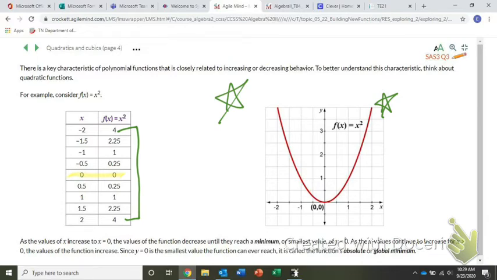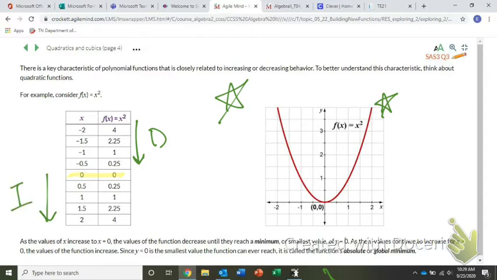Okay, so if you look, my y values start with 4. When they get to y equals 0, are they increasing right here or are they decreasing? They are decreasing.